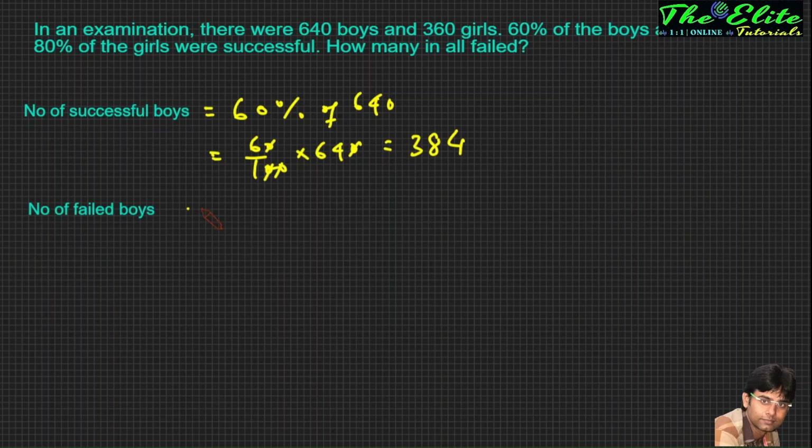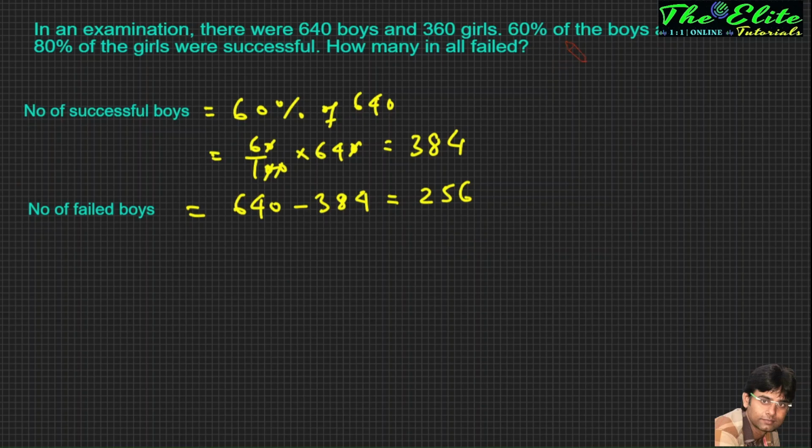So the number of failed boys will be equal to the total number of boys, that is 640, minus the number of successful boys, that is 384. 5 minus 3 is 2. So 256 boys have failed.